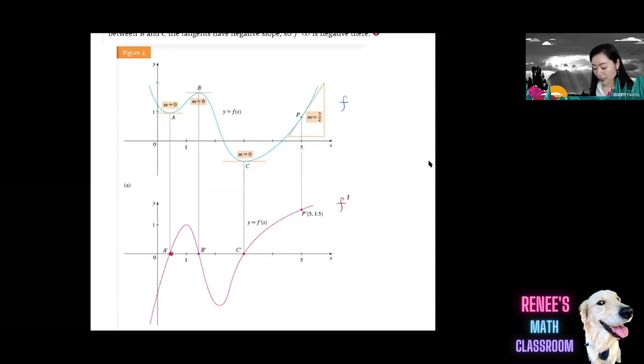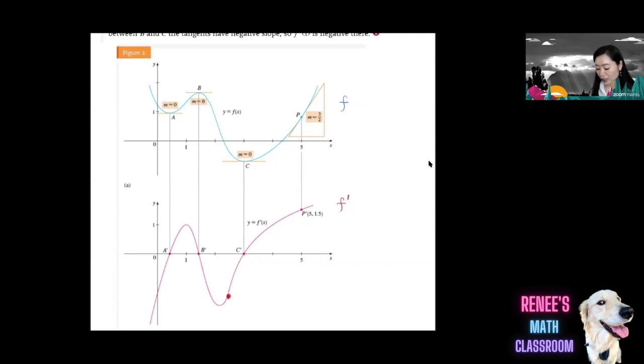So it's below the x-axis. Now from A to B, you see the tangent line is rising from left to right. So y prime will be positive. So f prime is going to be above the x-axis. And from B to C, the tangent lines are falling from left to right. So the slope of the tangent will be negative.